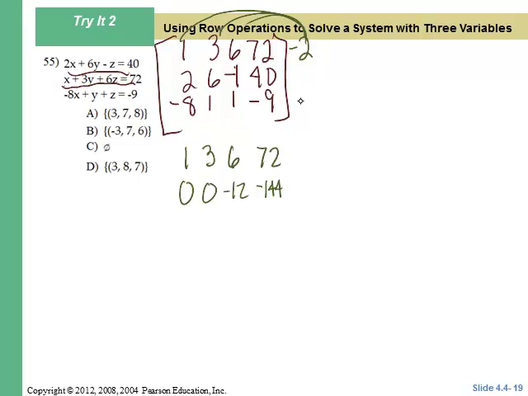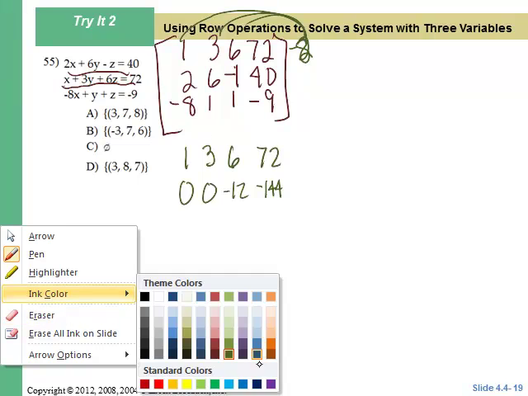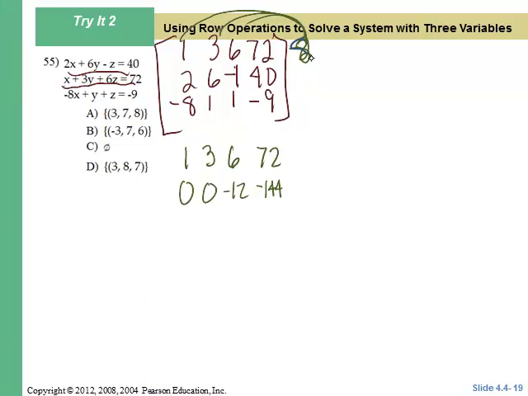And then our last row, let's multiply this first row by positive 8. I'm going to change colors so that you can see it. Positive 8. 8 times 1 is 8, minus 8 is 0. 8 times 3 is 24, add 1 is 25. 8 times 6 is 48, add 1 is 49. 8 times 72, oh my, that's a lot.